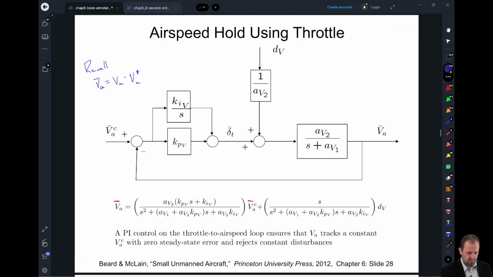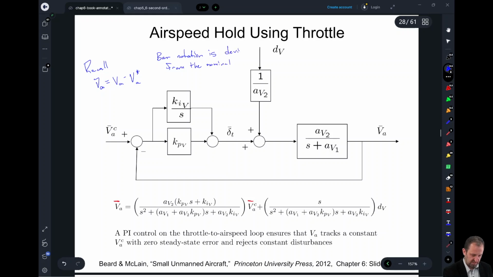The bar notation is a deviation from the nominal, which we assume is going to be somewhat small. And the thing to notice is that this bar notation comes in a couple different spots. The original slides didn't have the bar notation, but they should have down there, and so we have our bar notation there.